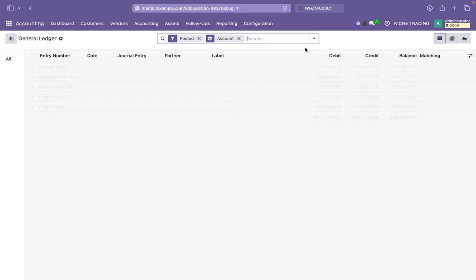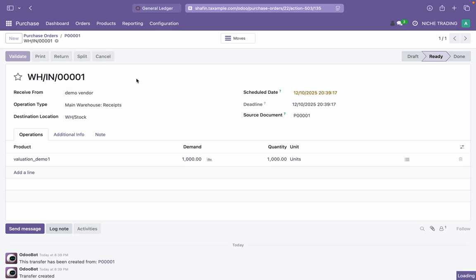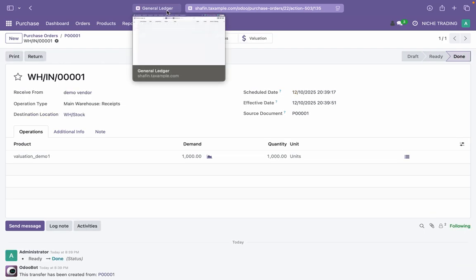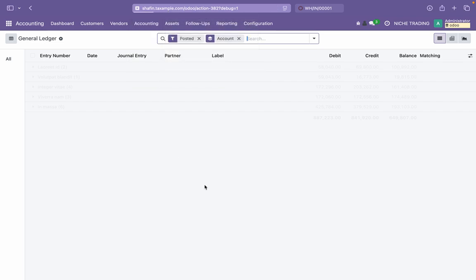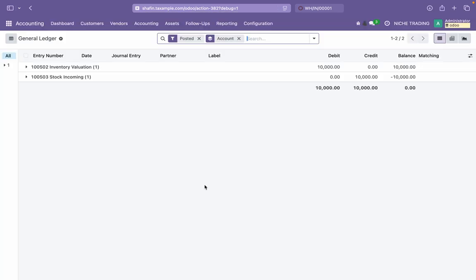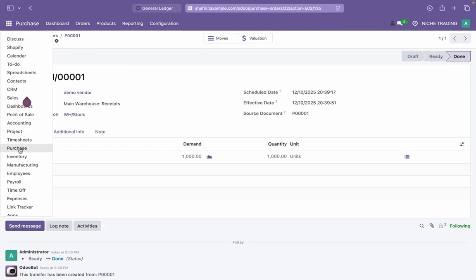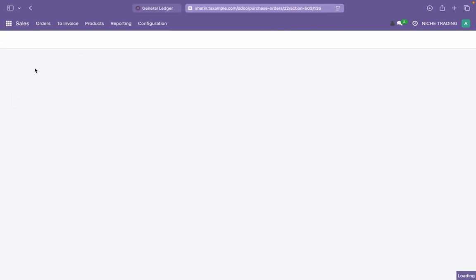It has no entry yet because the item is not in the inventory yet. But whenever we validate the items, like 1000 items are into our inventory already, you see a journal entry, say inventory valuation debit, and stock incoming credit. Fine. So let's do one thing.